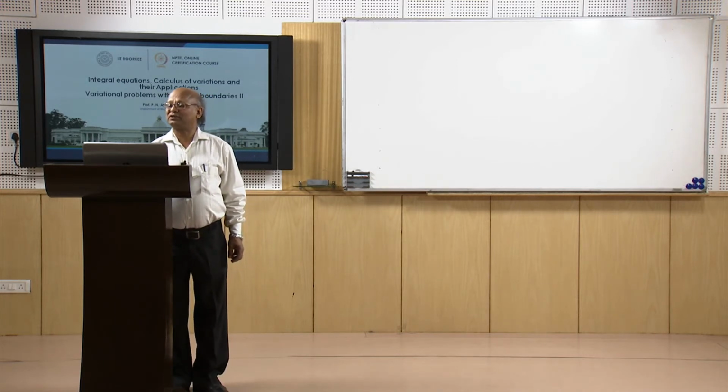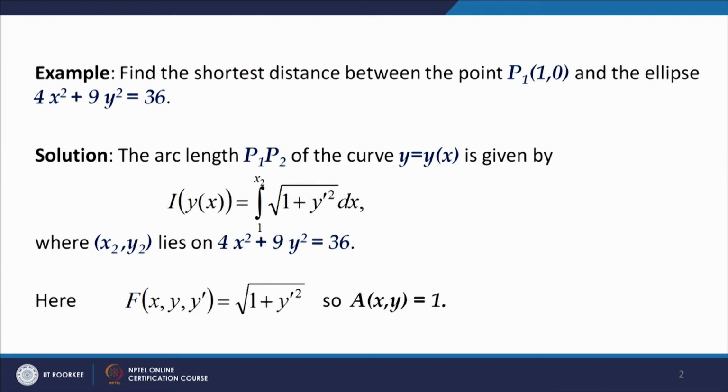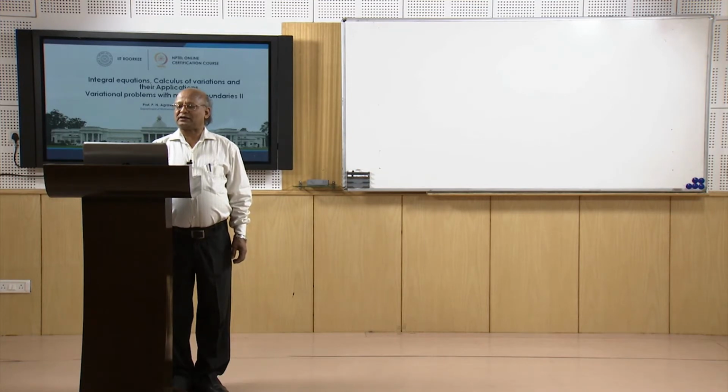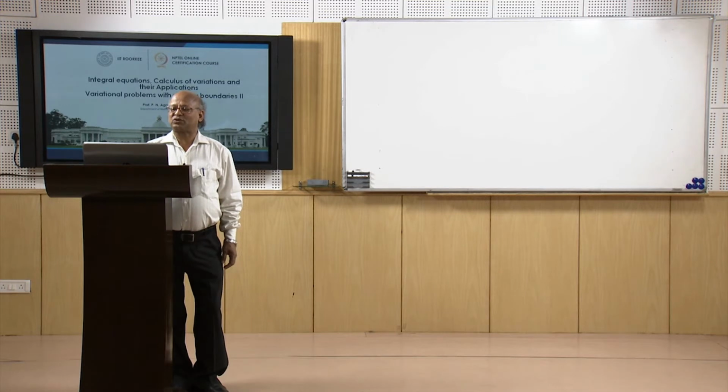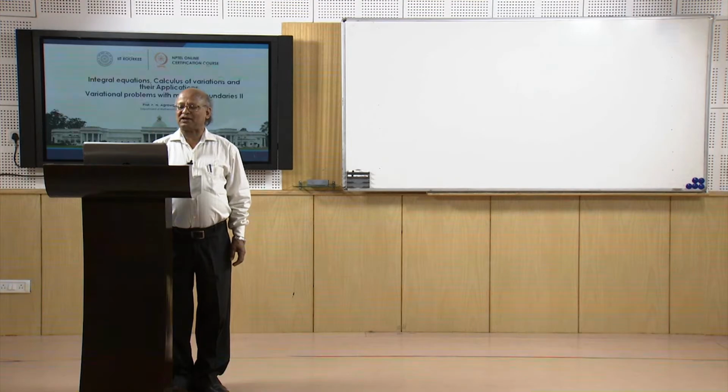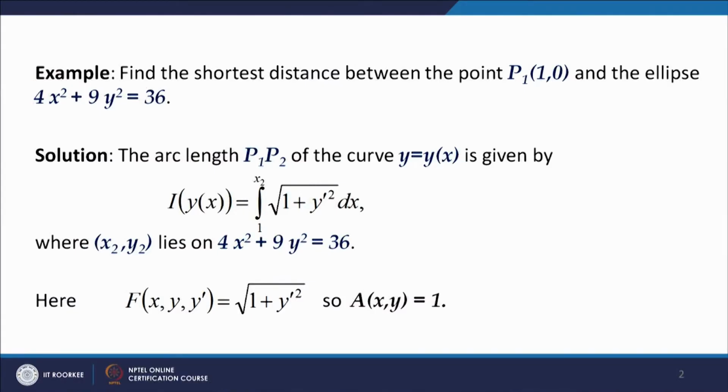Here P1 is the point (1, 0), so we write 1 for x1, and we have the integral from 1 to x2 of under root 1 plus y dash square dx, where (x2, y2) lies on the ellipse 4x² + 9y² = 36. Comparing with the standard form of the functional, F(x, y, y') is under root 1 plus y dash square, and so F does not depend on y.